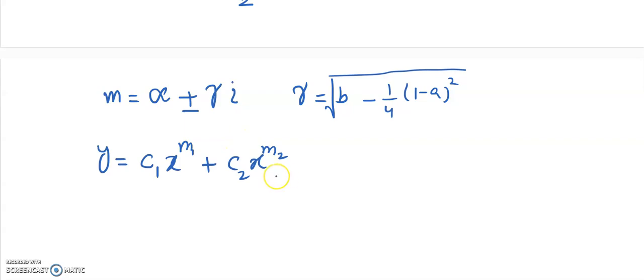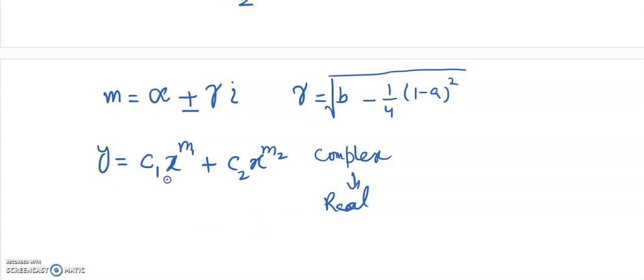However, this solution is in the form of complex numbers. There is a way to represent this solution in the form of real numbers as well. So therefore we have to transform this solution from complex to real numbers.